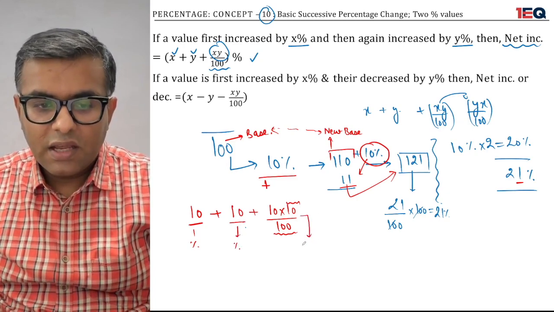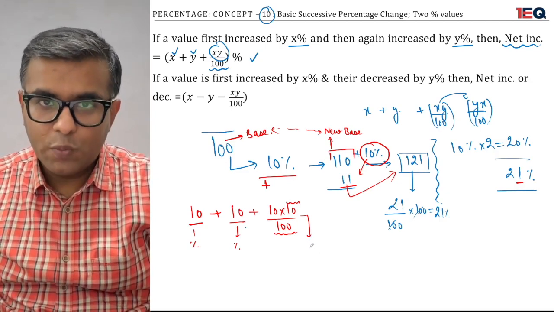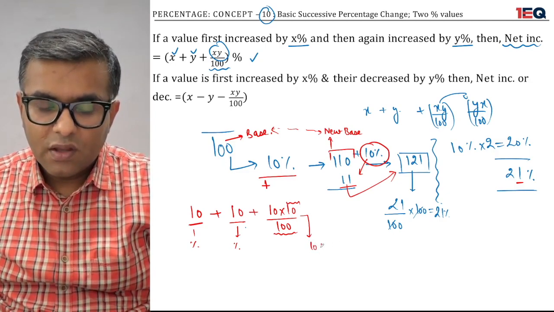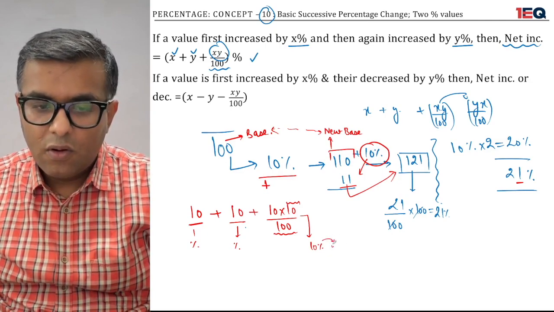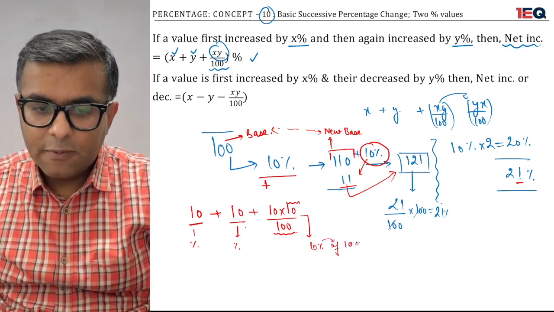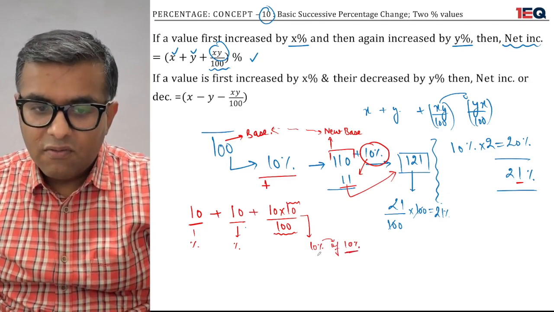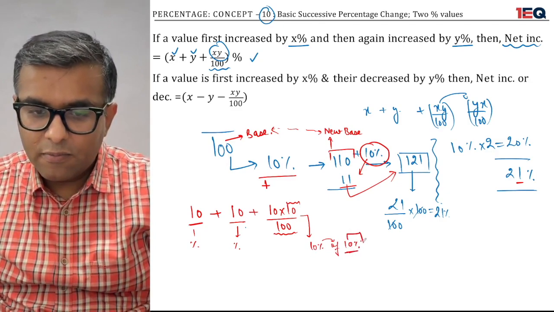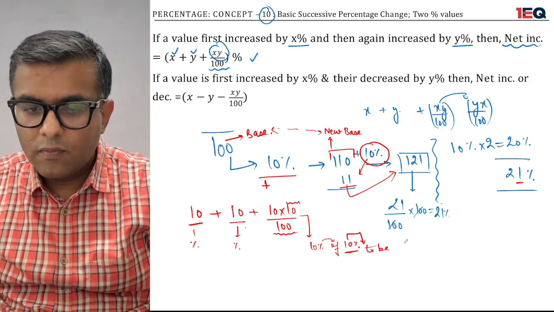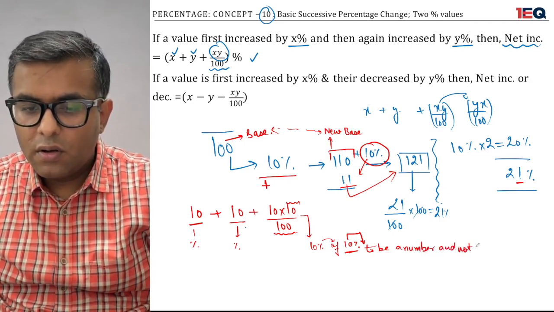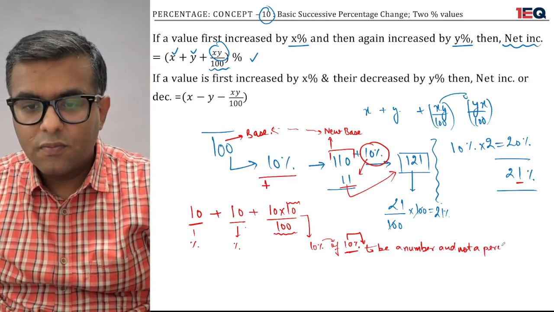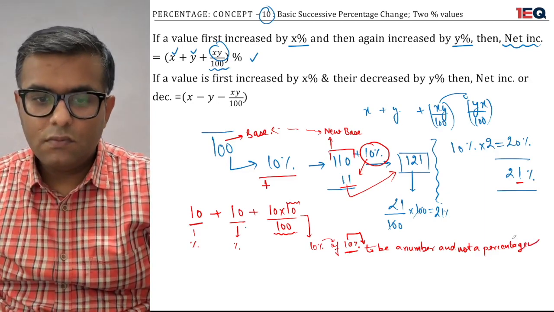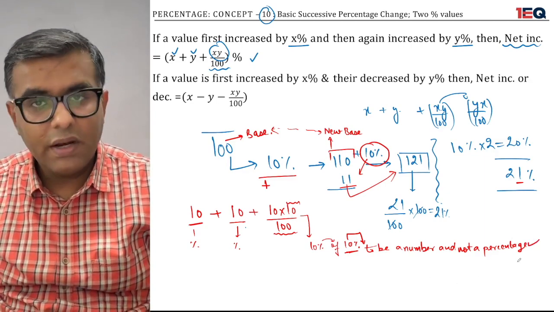Here there cannot be two percentage signs, because when we are doing 10% of 10%, in this way we are considering the second 10 to be a number and not a percentage.